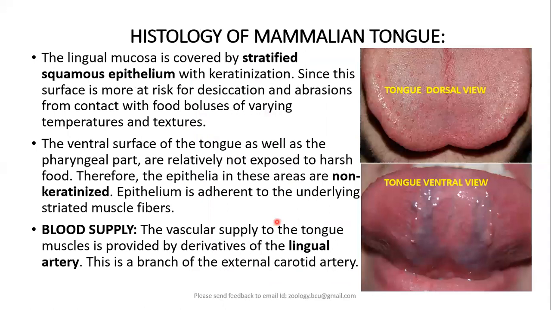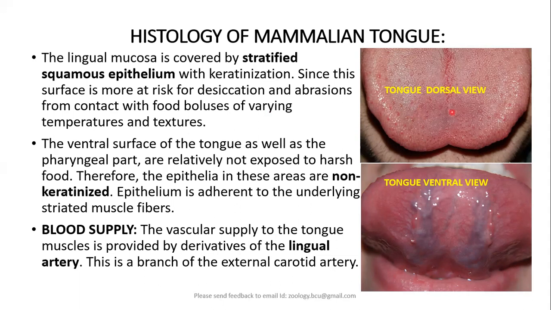As these glands are present inside the tongue, they are called lingual glands, but actually they are the salivary glands. So proceeding further, we can see here the lingual mucosa, the outermost covering stratified epithelium of the tongue, shows a slight difference.